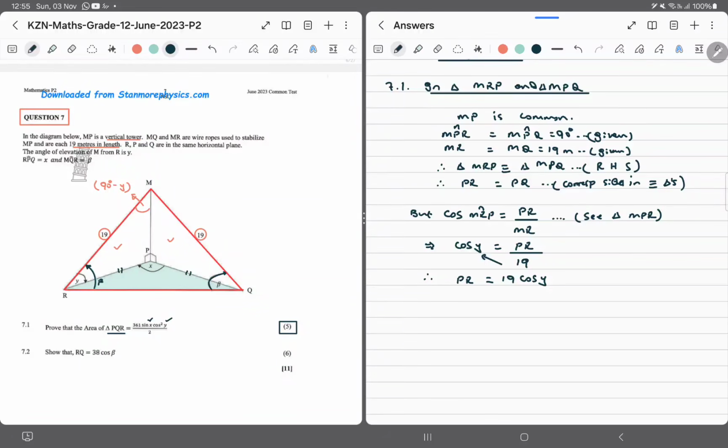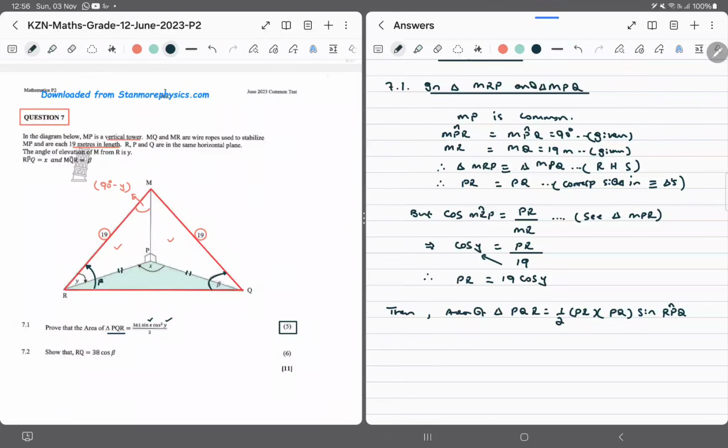Okay, so once we sort this one out, what do we say? We know that the area of triangle PQR is going to be equal to half PR times PQ times sine of RPQ.